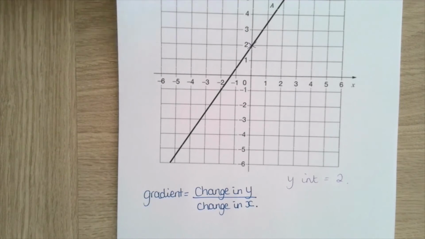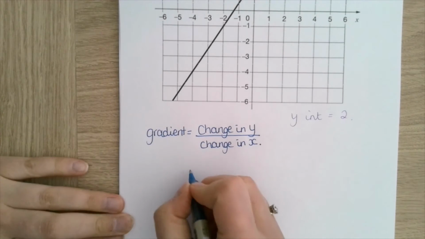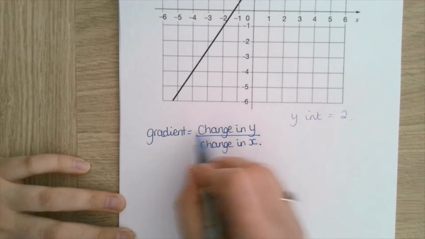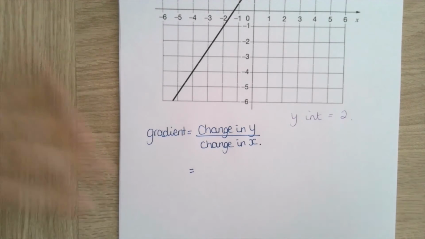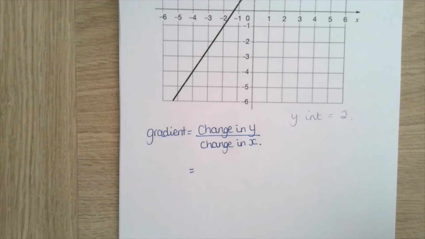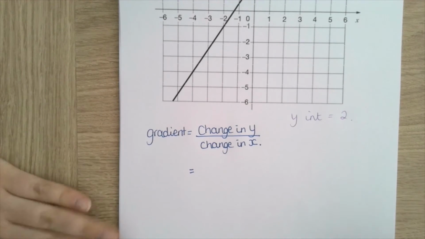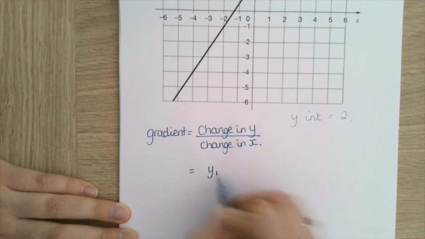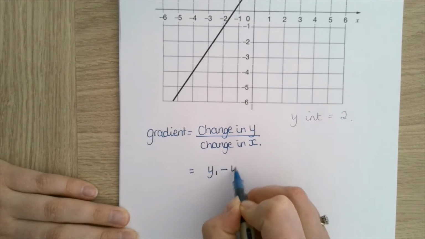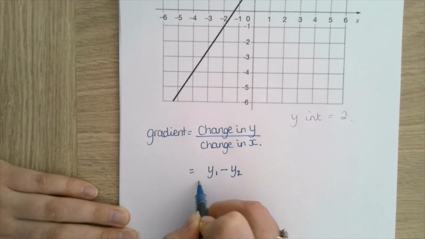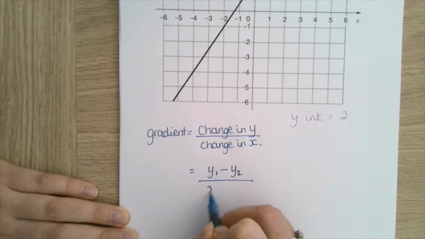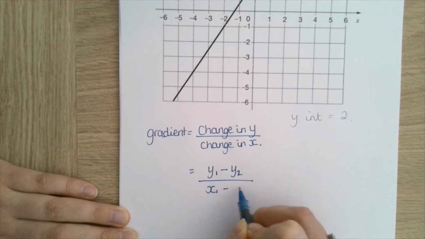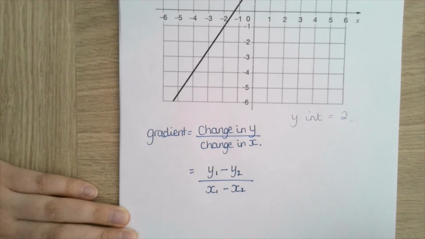Another way that we can look at this is that the change in y is the difference between two y coordinates that we're going to choose. I'm going to show you that in just a second. So we do our first y value that we find minus our second y value, over our first x value minus our second x value.